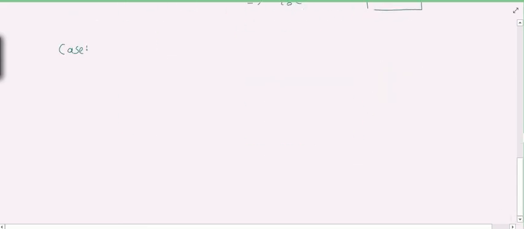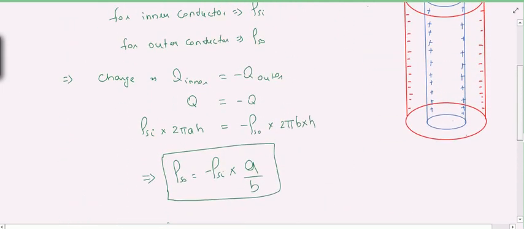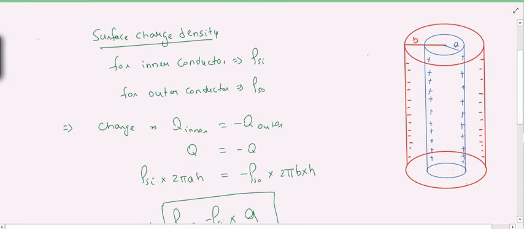So now we will take case 2. We will take a Gaussian surface such that its radius lies between a and b. Its radius lies between a and b. So what will be the Gaussian surface?